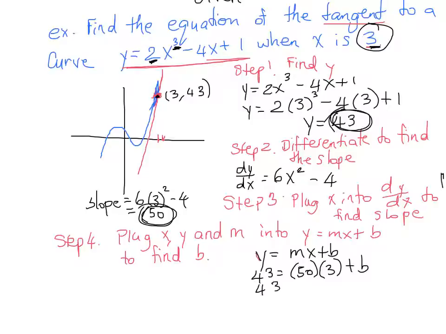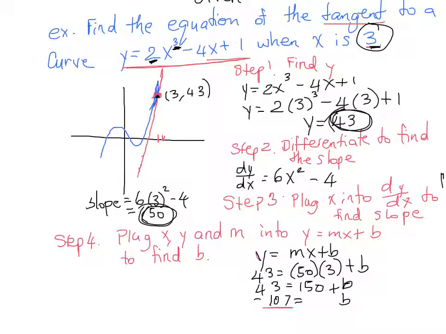So 43 is 150 plus b, which means that b is equal to negative 107. When you look at that original line that we drew, it was so very steep that it does make sense that it would be crossing our y-axis very, very low. So it looks like it would be crossing our y-axis at negative 107.